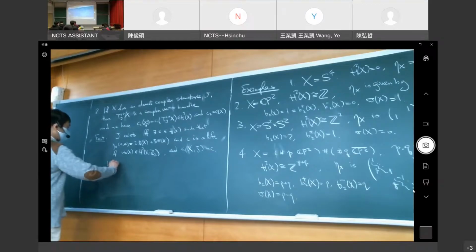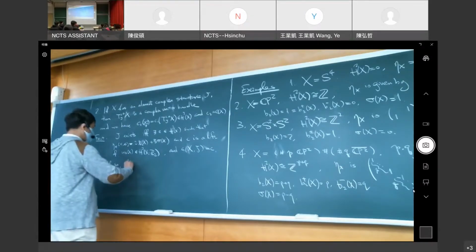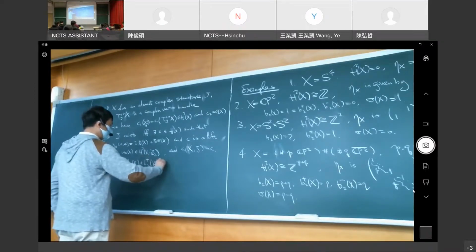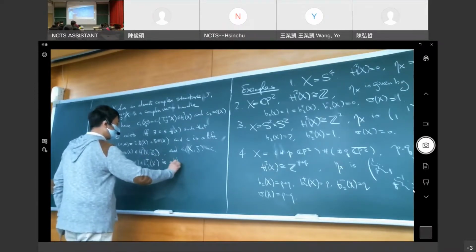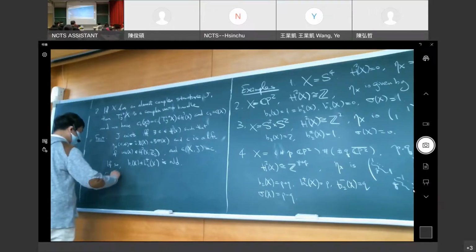If you do more exercises, you can show that in this case, namely if and only if the conditions actually hold, then B1 of X plus B2 plus of X is odd. There's also a converse.